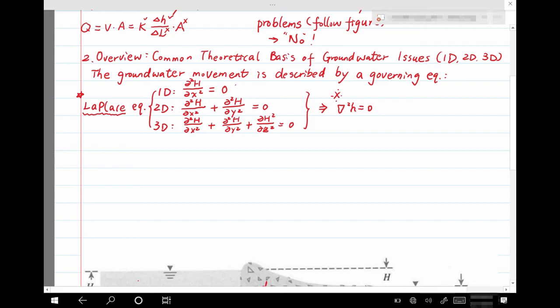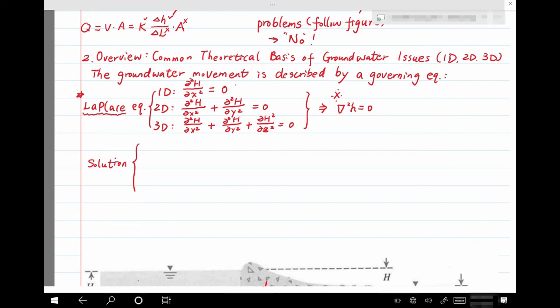For groundwater issues, what we are trying to do is just solve this Laplace equation, no matter if it's 1D, 2D, or 3D. So we are talking about solving the Laplace equation, and we have different methods. Again, we are trying to offer a big picture for all the groundwater issues, including 1D.